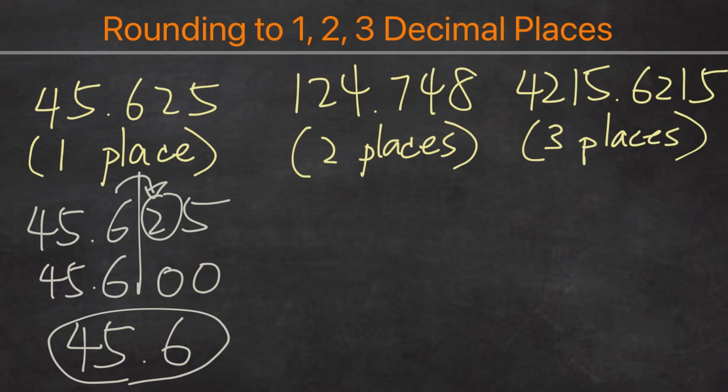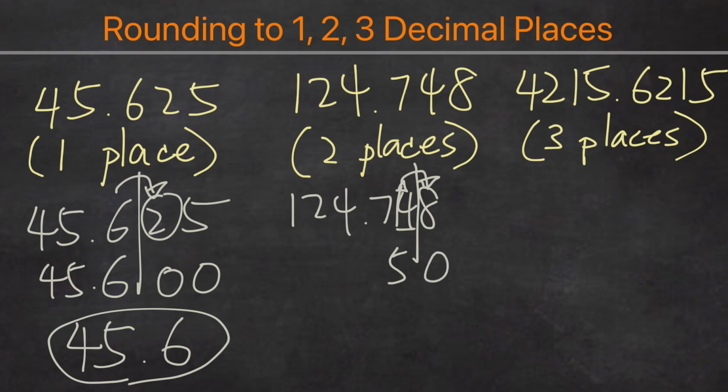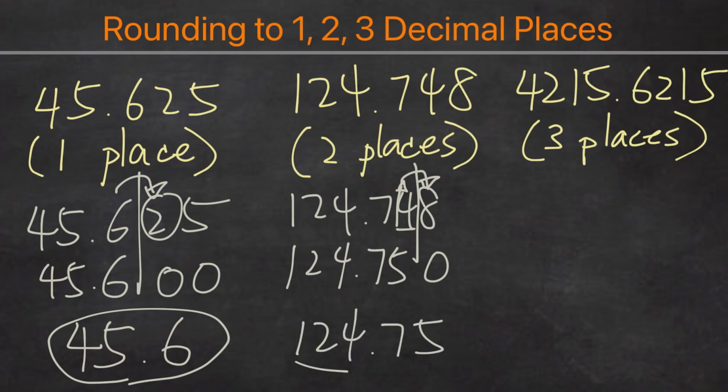For the second question, 124.748, rounding to 2 places. Looking at the number to the right, 8, 5 or more, raise the score. Raising the 4 by 1 becomes 5, the 8 will become 0, and then bring the rest down. And the answer is 124.75.